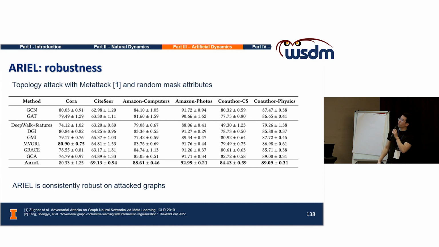So Aerial shows some robustness against attacks over the given graph. Under the poisoned attack settings, Aerial gets the best performance compared with all the baseline methods.